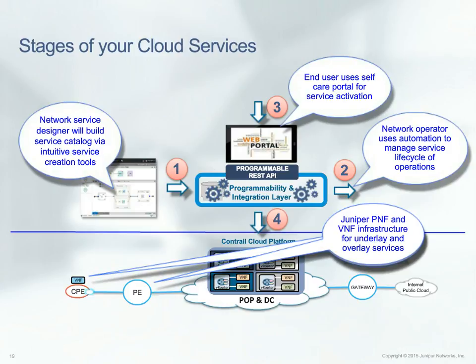Then number 3 really is the interface to the end user, the customer interface portal, because we're moving into a world where we need to provide that end user a self-care portal to remove the operator's manual processes from that ordering process and that fulfillment process. And even after the fulfillment process, into the entire lifecycle management of that, giving the end user that portal to have visibility towards that.